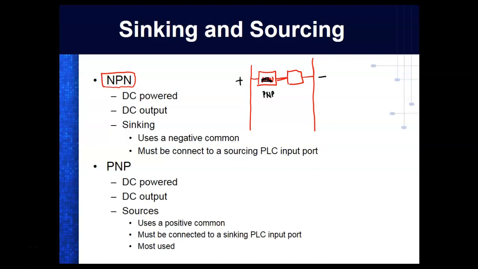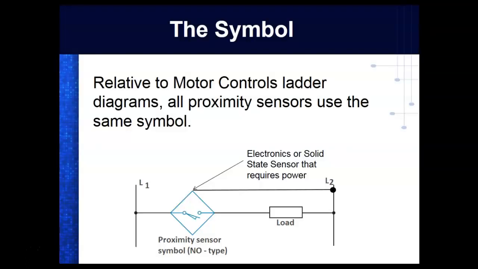And by the way, the EduTrainer does that. In motor control ladder diagrams, all proximity sensors use the same thing. What we do is we take a simple number of units, put a diamond shape around it.